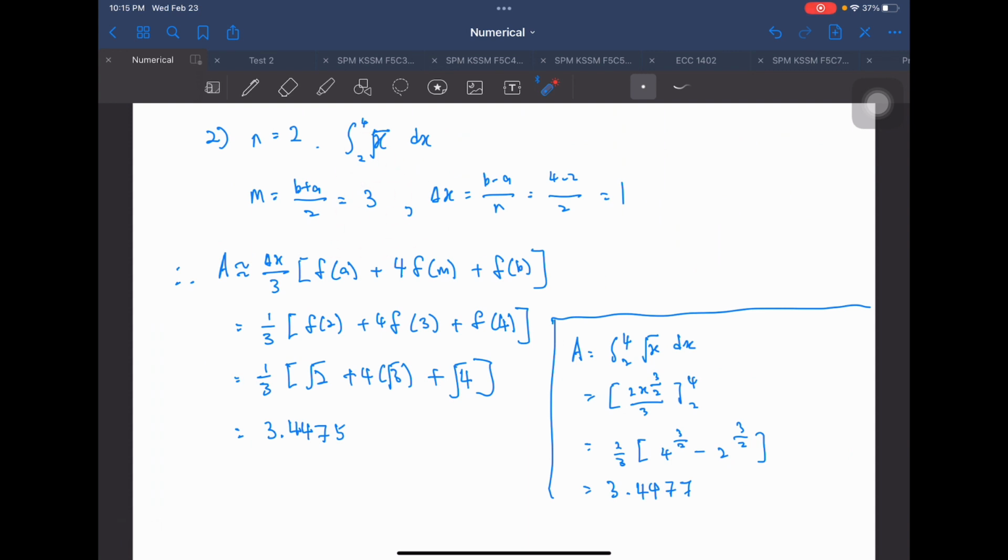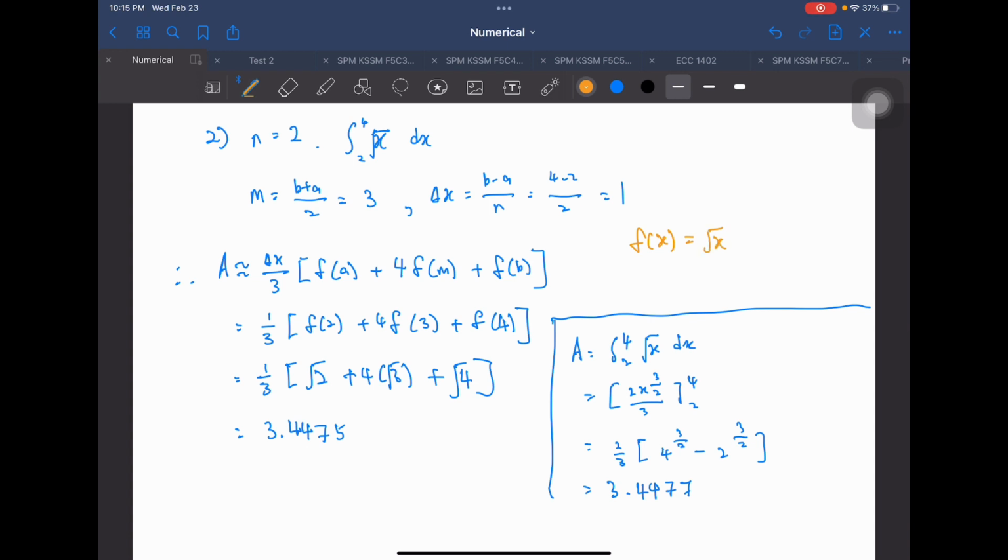Now the function is this one. Find the area under the curve. As usual, first step, find m. Second step, find delta x. Third step, plug it inside. Fourth step, you just plug in according to f(x). In this case, what is f(x)? f(x) is the square root of x. So you just plug it there.